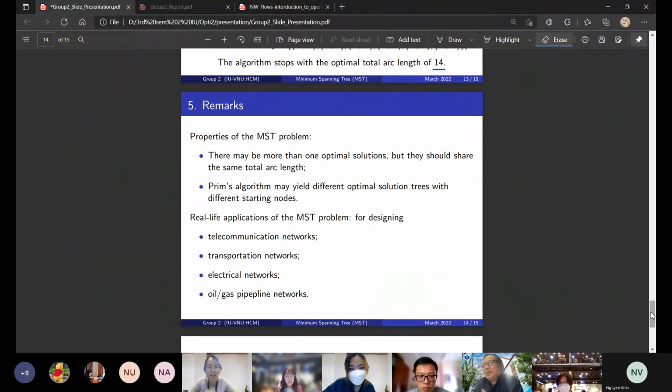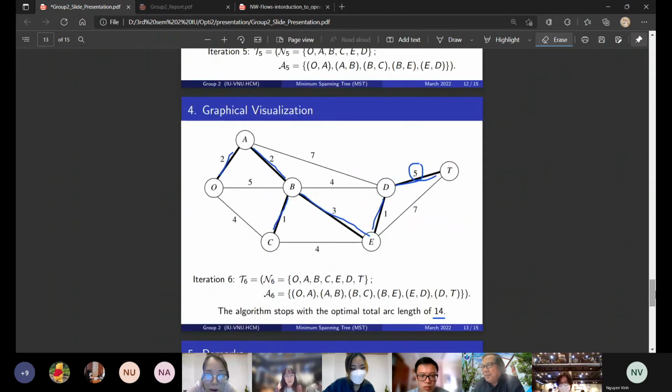Okay, you worked with one example, and I think it's not quite hard to understand. And the people in the class, do you understand already? Any question for the group making the presentation? Hello?